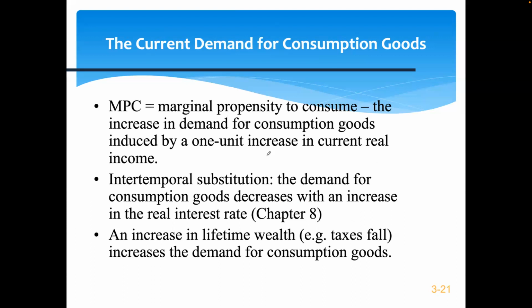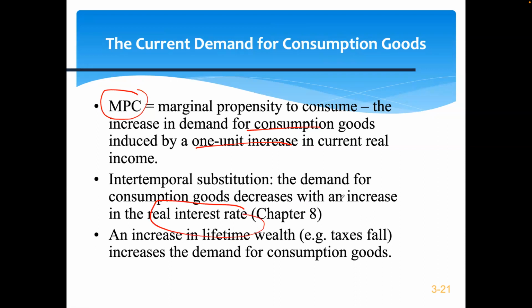Just for 1 unit increase of your income, how much you're willing to spend on consumption goods, this is the MPC, right? And we have also studied intertemporal substitution, right? So the demand for consumption goods will decrease in the real interest rate, because of the substitution effect. And finally, an increase in lifetime wealth is going to increase demand for consumption goods, right?